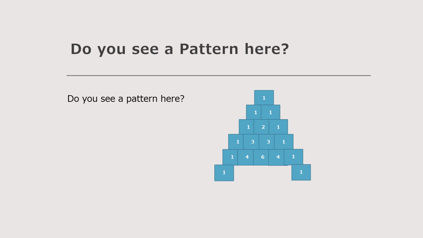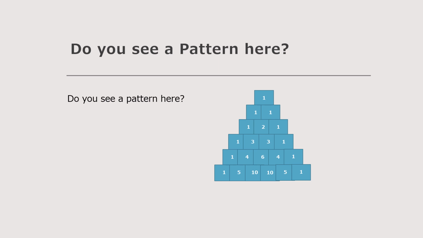Next row, we have got 2 ones on 2 ends. 5 by adding 1 plus 4. 10 adding 4 and 6. 10 adding 6 and 4. And 5 by adding 4 and 1.